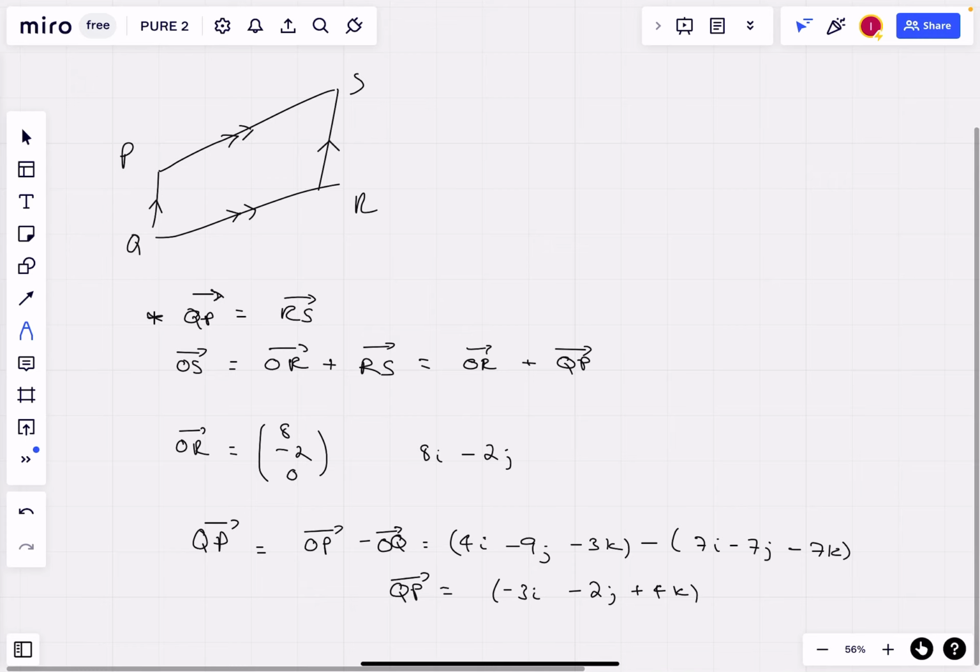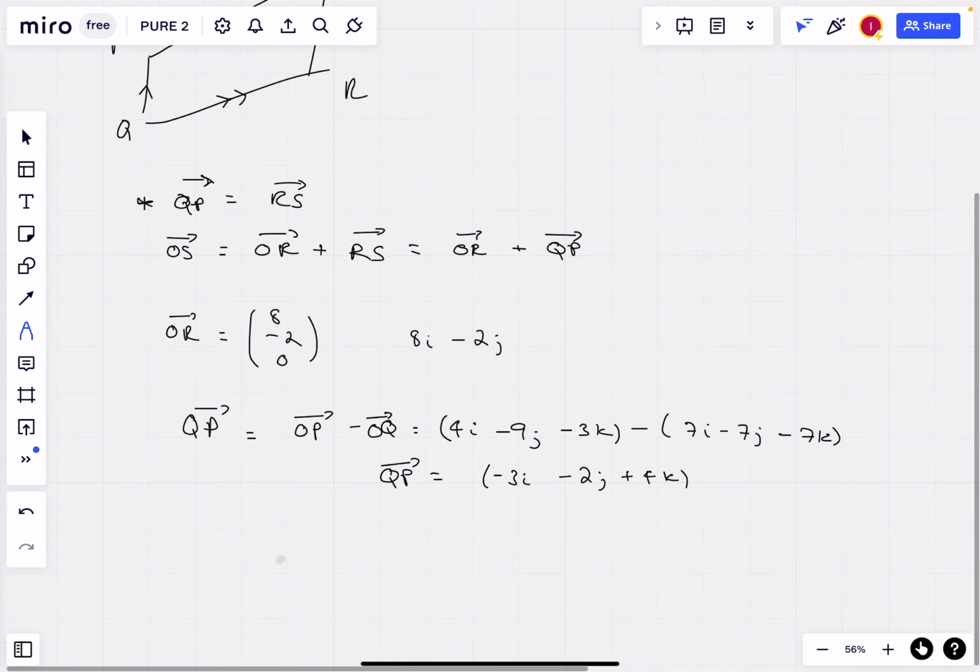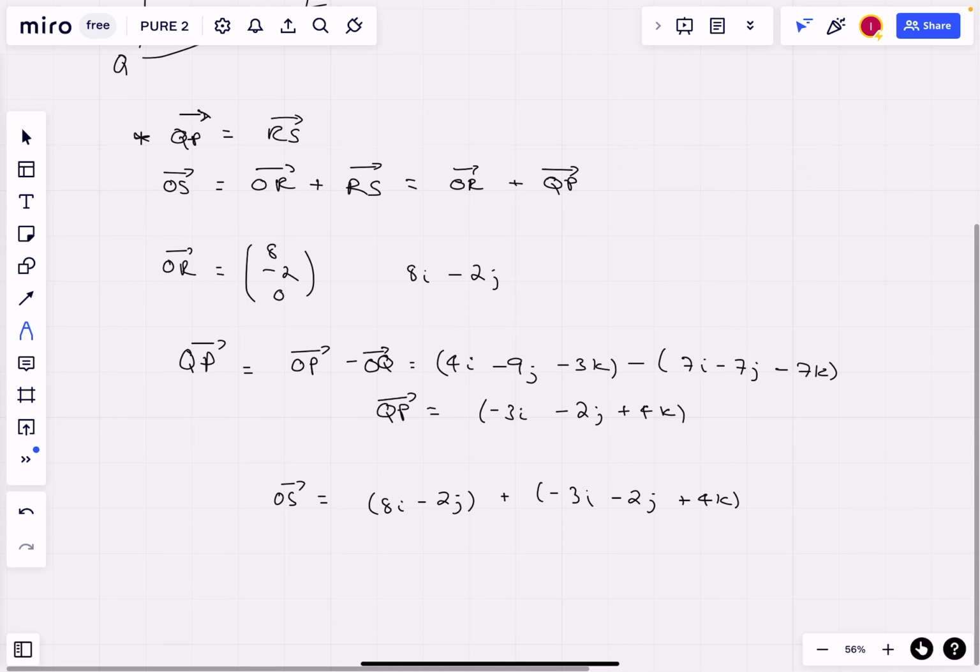Right. So we said OR plus QP gives OS. OS, therefore, will be 8i minus 2j plus minus 3i minus 2j plus 4k. Like this. Which gives 5i minus 4j plus 4k.